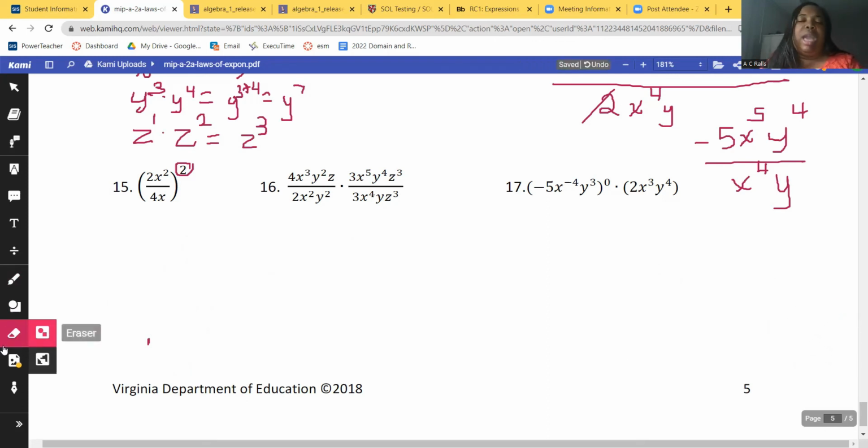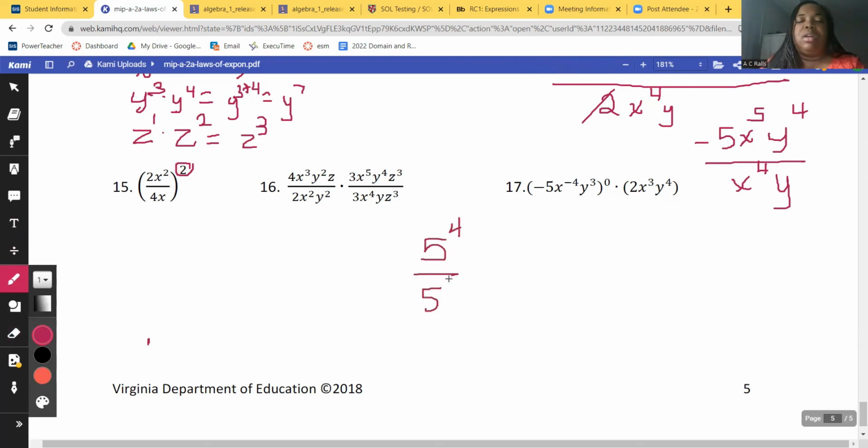Well, let's take a look at something to the 0 power. All right, 5 to the 4th power divided by 5 to the 4th power. That is technically 5 to the 4 minus 4 power, which is 5 to the 0 power. But what does that mean? It's 1. Why? Because anything divided by itself is 1.